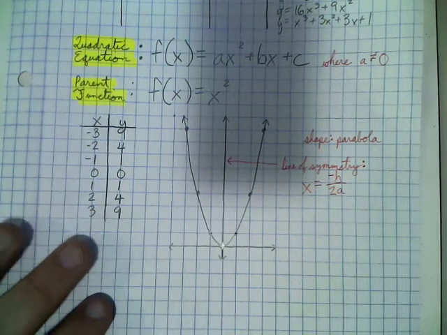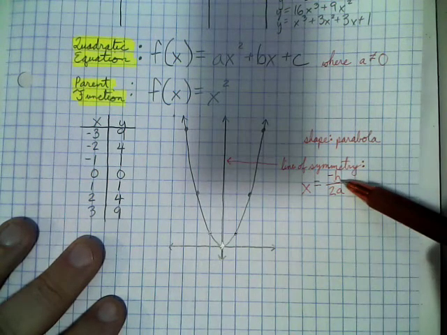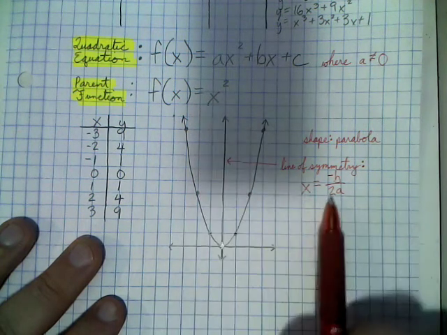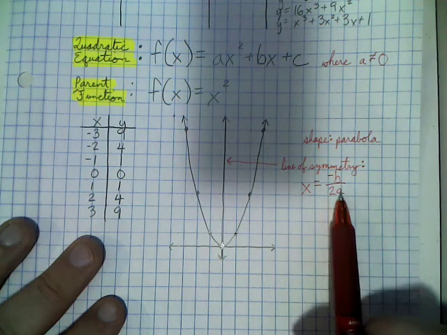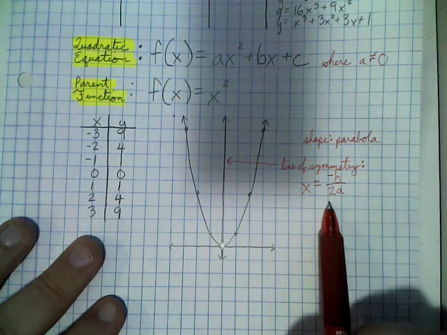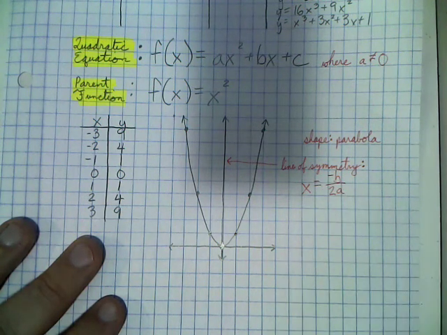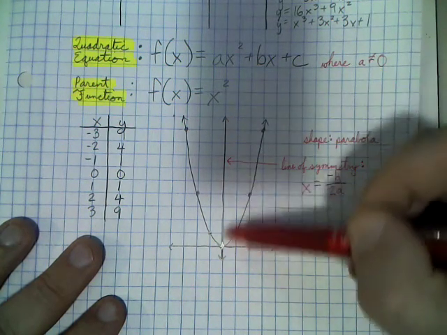So if we apply that in this case, because I don't have a b term, that means that b is 0. So -0 is just 0. My a is an invisible 1, so 2 times 1 is 2. So this is really 0 over 2, which is 0. So x equals 0 is my line of symmetry. Well, that's the y-axis. X equals 0 is the y-axis.